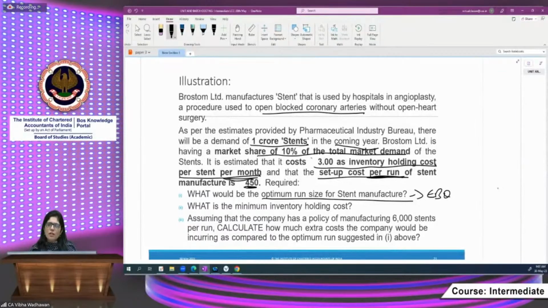So we have all the information. Please calculate EBQ for this answer. You have the information in the second paragraph. I want the answer for EBQ. Come on. Let me have the EBQ from your side. And then we will calculate minimum inventory holding cost. First, calculate economic batch quantity. How many stents should be produced in one batch?